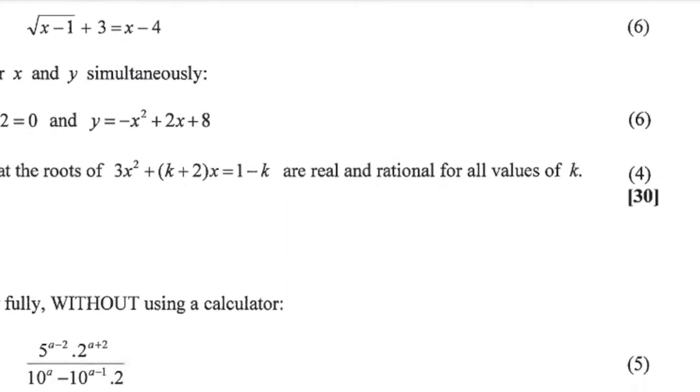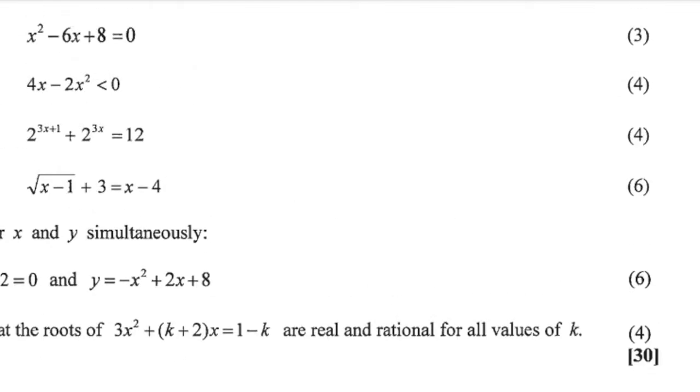All right, so here we have 2 to the power 3x plus 1 plus 2 to the power 3x is equal to 12. Solve for x, the mark is 4 marks.